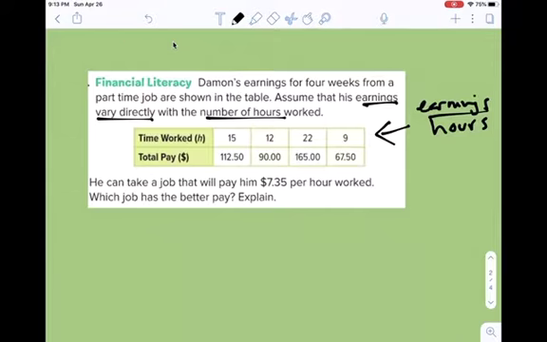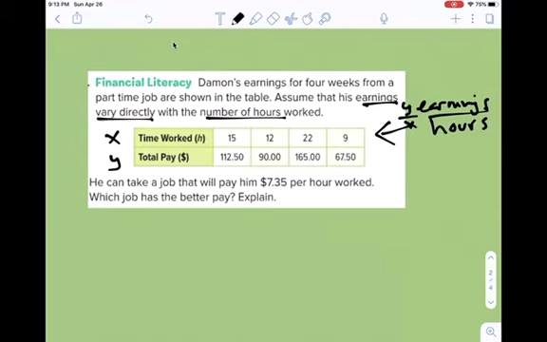Hours would be my X. My Y is down here and my X is up here. A lot of times you're going to see they put it up that way. All right? So he can take a job that will pay him $7.35 per hour worked.